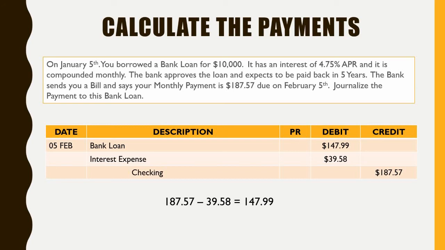So in this case, you're always going to pay interest first. Now, of course, this is based on just a simple bank loan. Some banks won't even calculate that. They're going to take this whole 187 and just apply it right off the interest automatically, because all of this is pre-calculated.